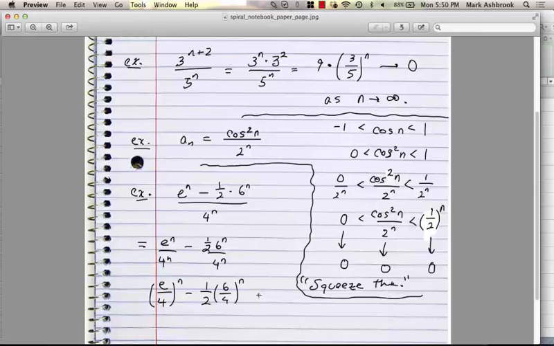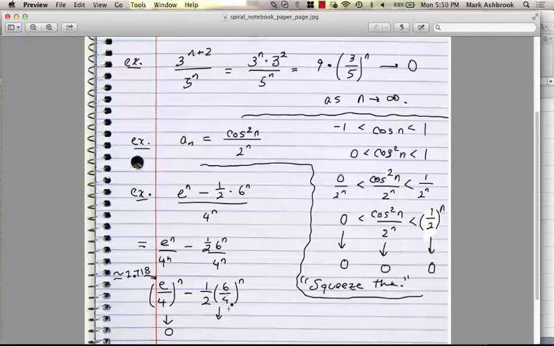Okay, so then, what do we got? e over 4 to the n. Conclusion. Remember what e is? 2.71828. About 2.7. Conclusion here. 0. Conclusion here.